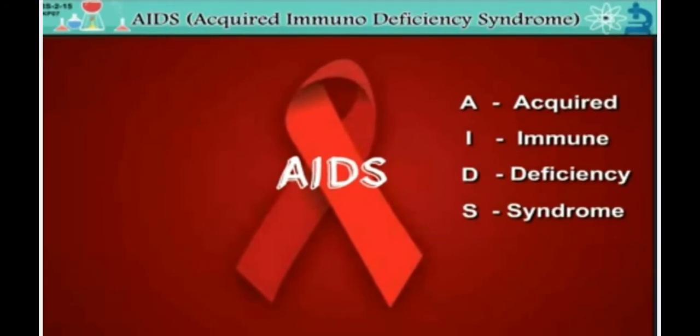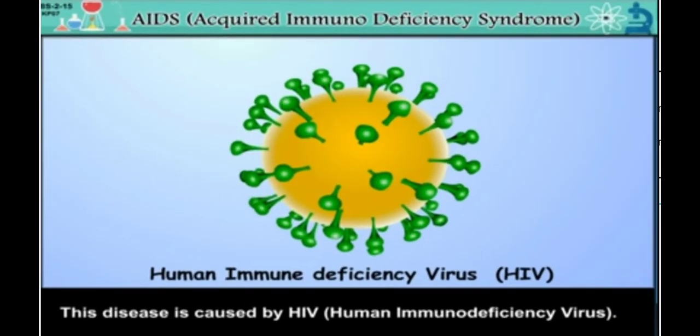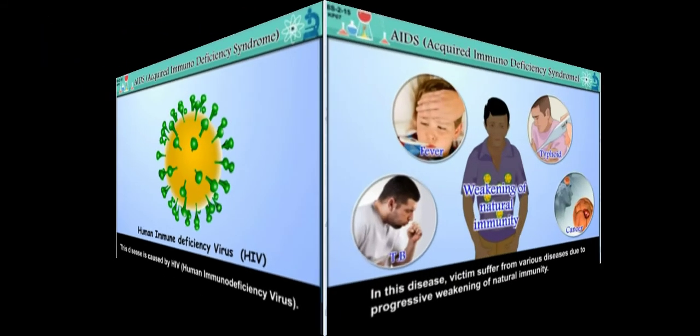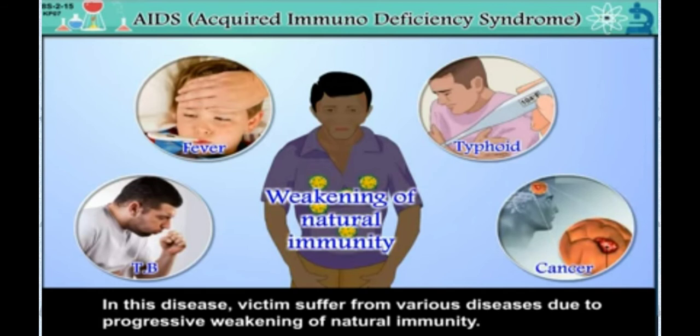Now let's learn about AIDS. AIDS means acquired immune deficiency syndrome. This disease is caused by HIV, which means human immunodeficiency virus. In this disease, a person suffers from various diseases due to progressive weakening of natural immunity.